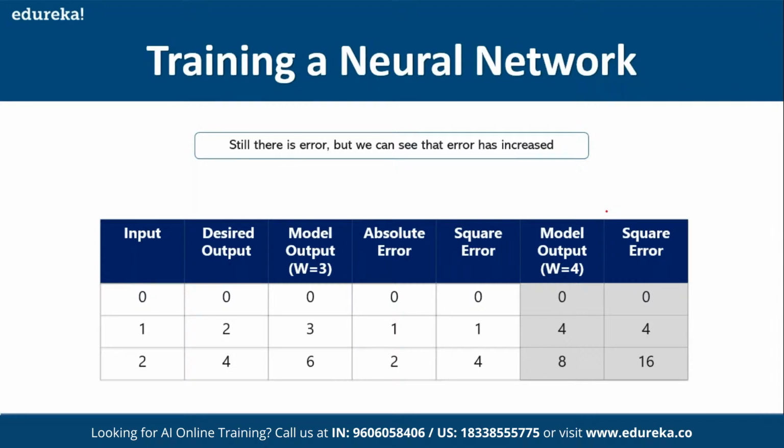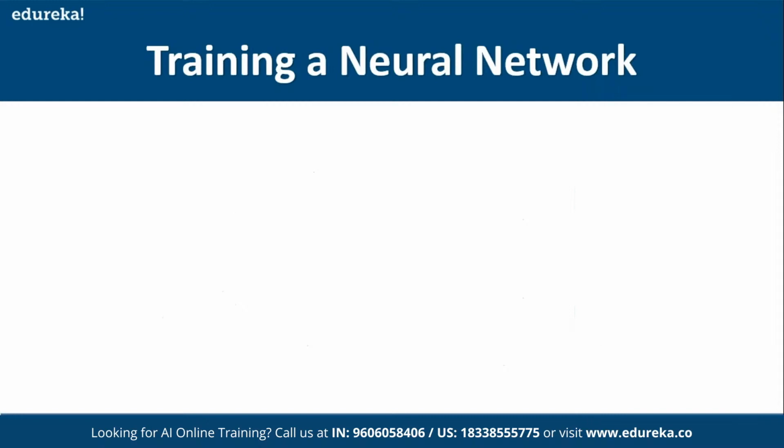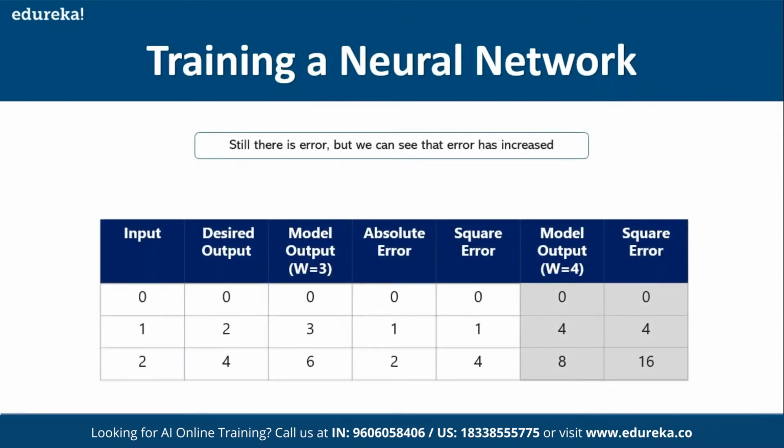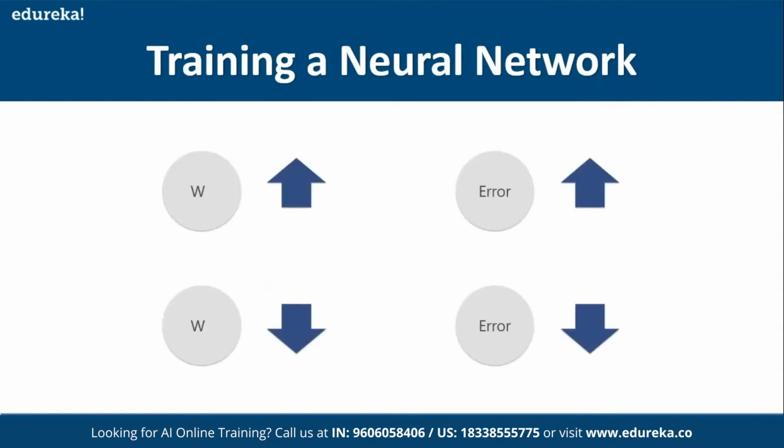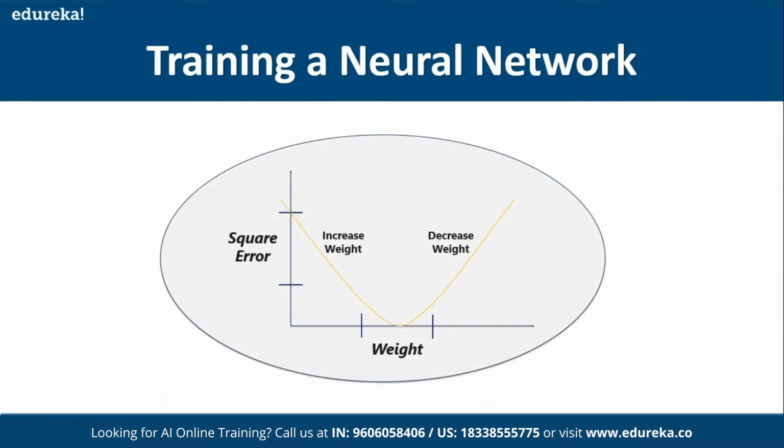I keep changing the weights continuously, like 3, 4, 5, 6, and then I see, with the increase in the weight, whether my error is increasing or decreasing. By this, I identify a threshold point where I should stop increasing or decreasing.